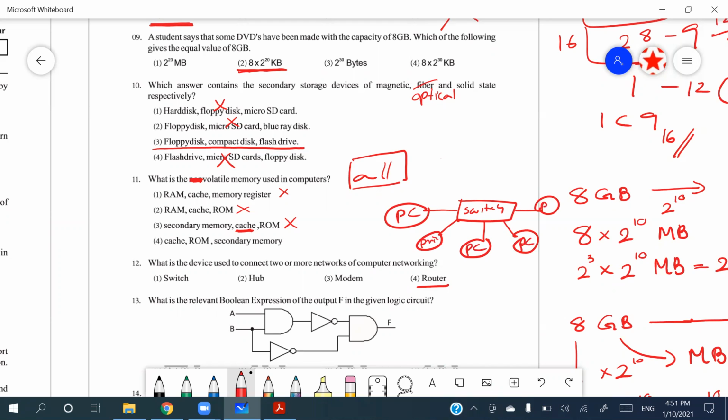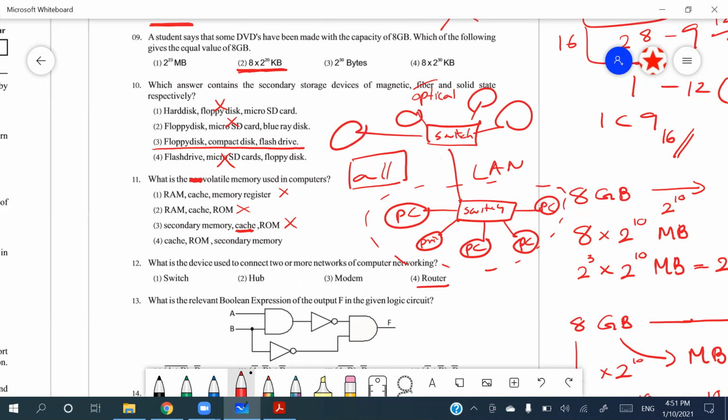So it is going to create a LAN. And if you are going to connect this LAN with another LAN, you need a router in between, right?